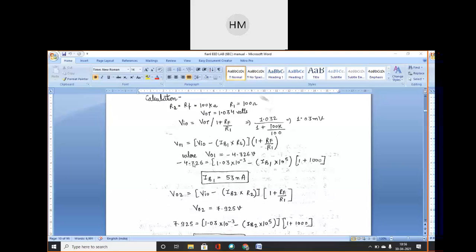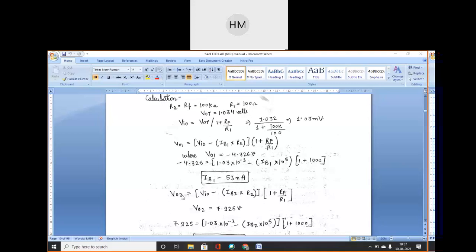Okay, I will substitute VO1, and I will substitute the VIO value which we calculated from the above formula. IB1 current I want to find, this is my unknown parameter. RS I know, the source resistance of the operational amplifier, times 1 plus RF upon R1. RF is 100 kilo ohm, R1 is 100. Okay, so I got this IB1 value from this.